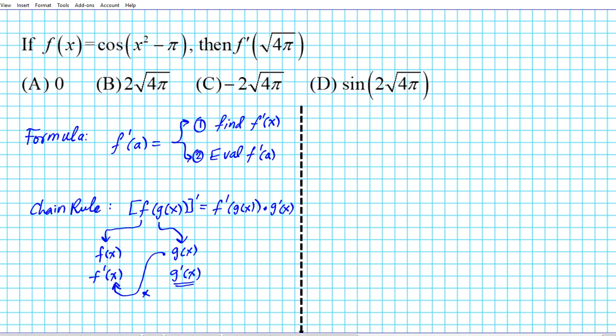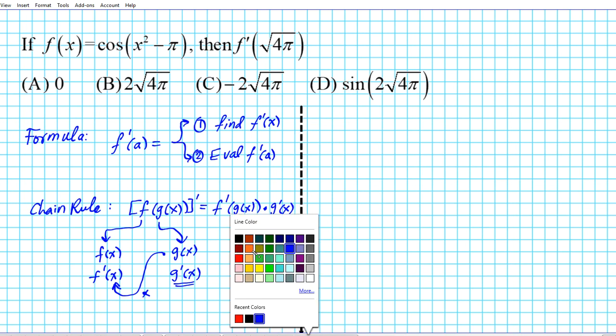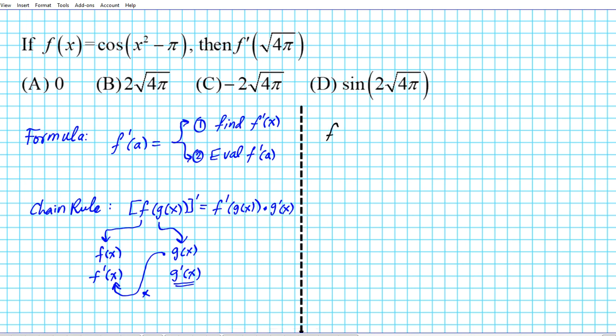Now, to start us off, we're going to write down what we're looking for. We're to find f prime of root 4 pi. So to do this, we have to break this up into a two-part process. First of all, we have to find the derivative, find f prime of x.